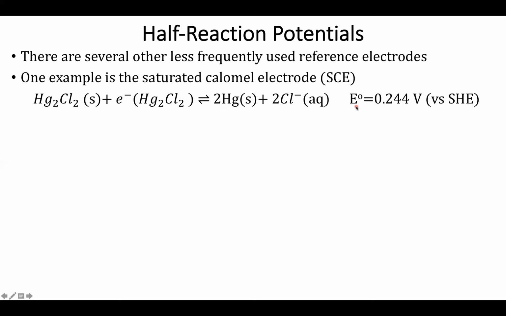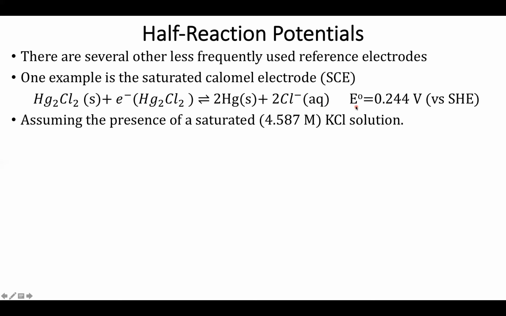And again, when it is saturated in the presence of a KCl solution, it has a potential of about 0.244 volts. And again, this is a very useful reference electrode, and you'll most commonly see it when you look back in the literature.